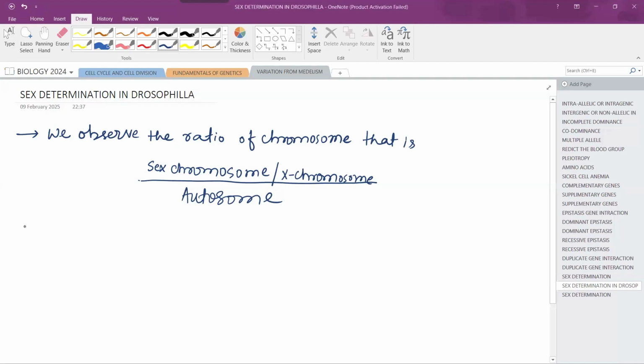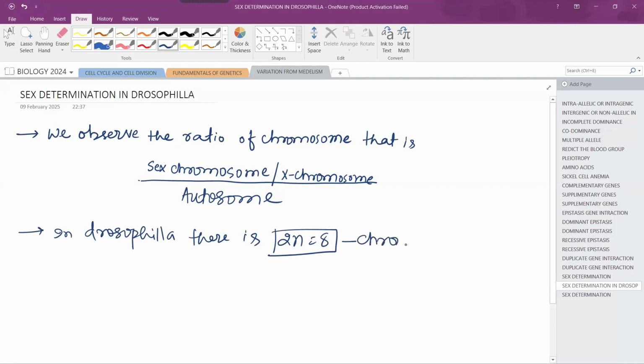See, in Drosophila, there is 2n equal to 8 chromosomes.